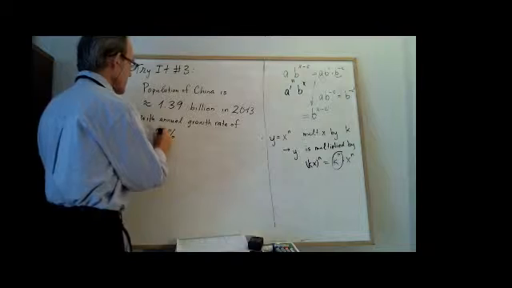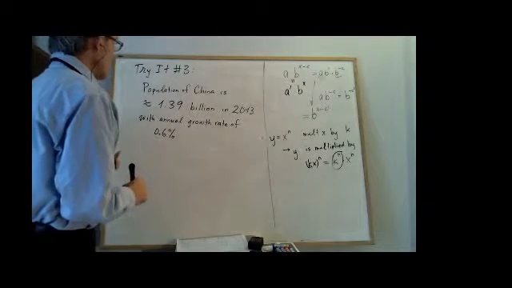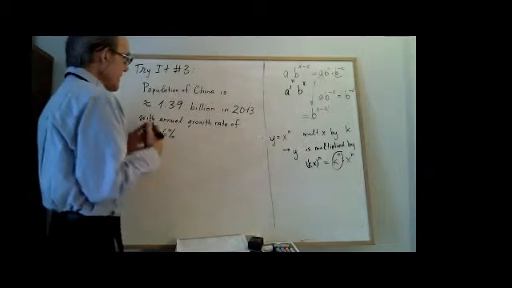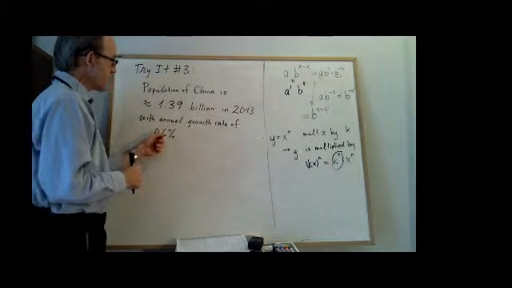Okay, so to describe what that means, you'd say every year the population increases by 0.6%.